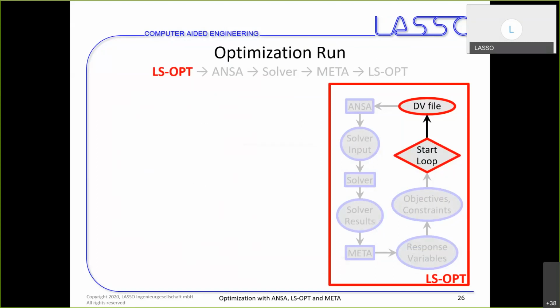We will quickly go through the workflow, what happens when the optimization actually runs. Well, the whole optimization is controlled from LSOpt. LSOpt will, in each iteration, produce a design variable file with specific values of the design variables.